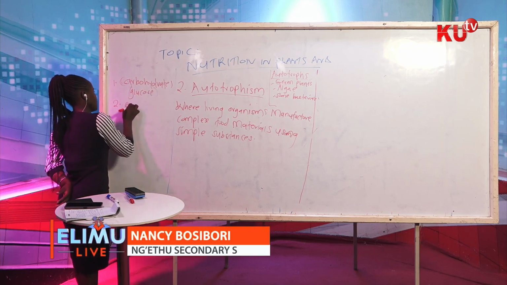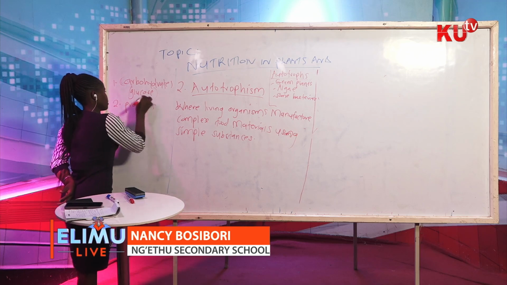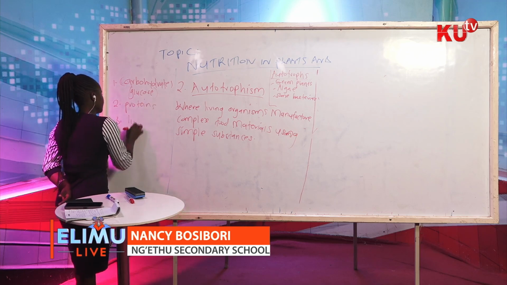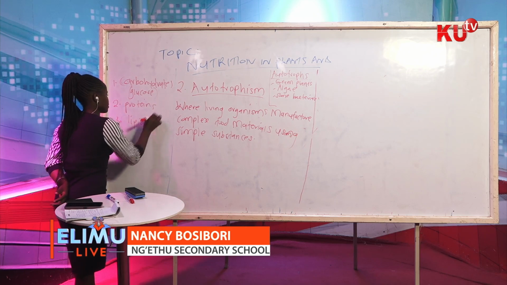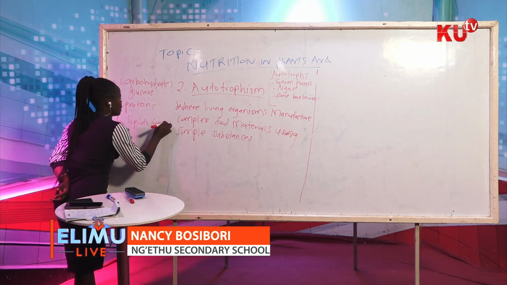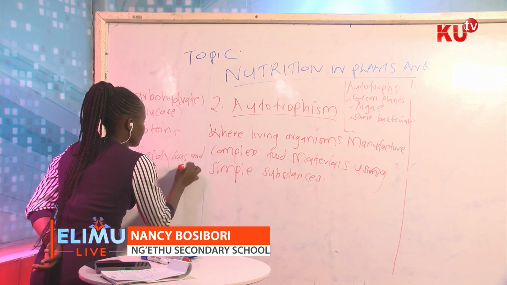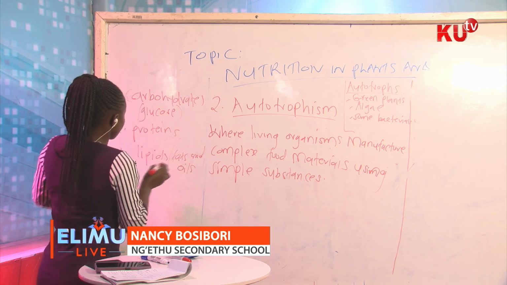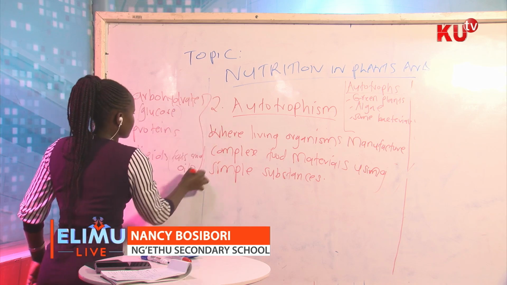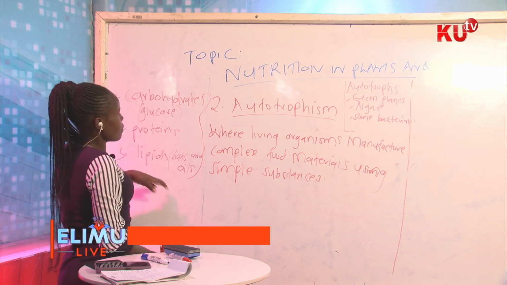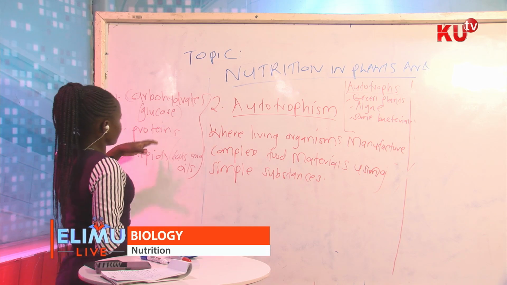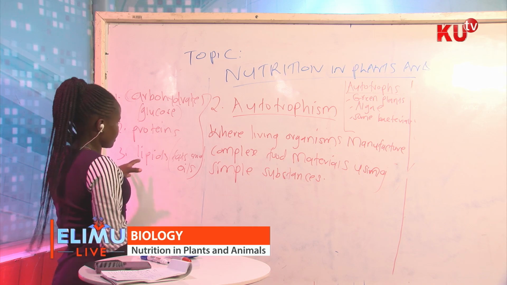We have the proteins. Three, we have the lipids, or the fats and oils. So these are the examples of the complex food materials that living organisms manufacture.